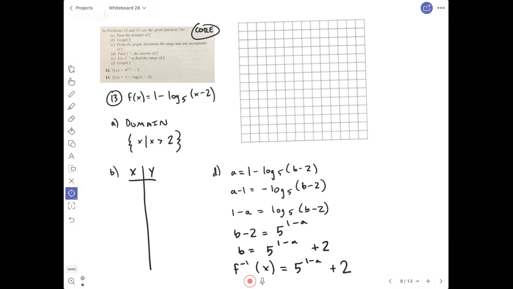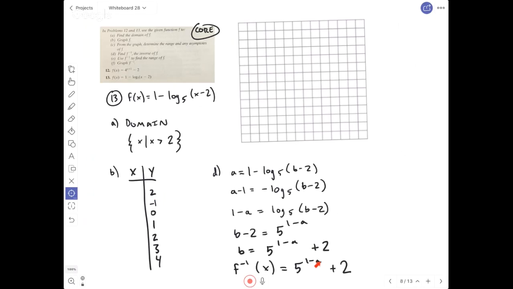So I'm still going to be graphing f. So I'm going to pick y values that I would plug in here and get the corresponding x values in this function. So let's see. I'd like to center around 1. So I'll use 0 and -1 and -2, and then 2 and 3 and 4.